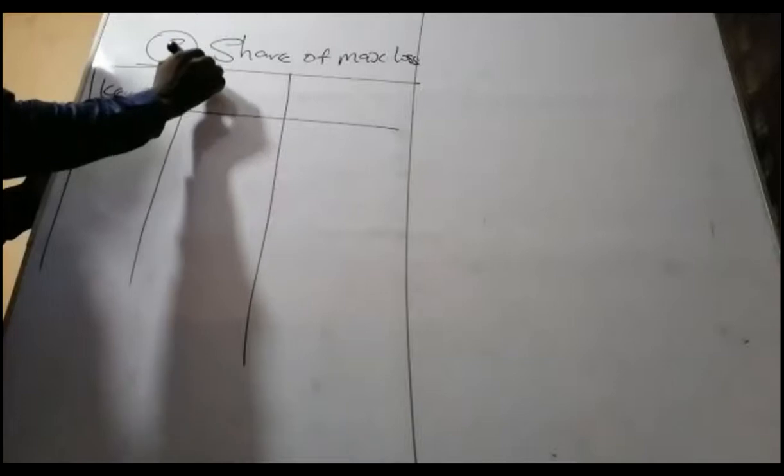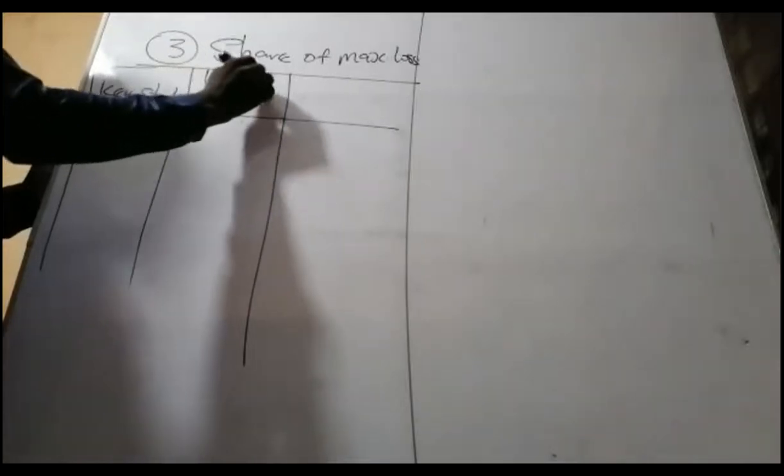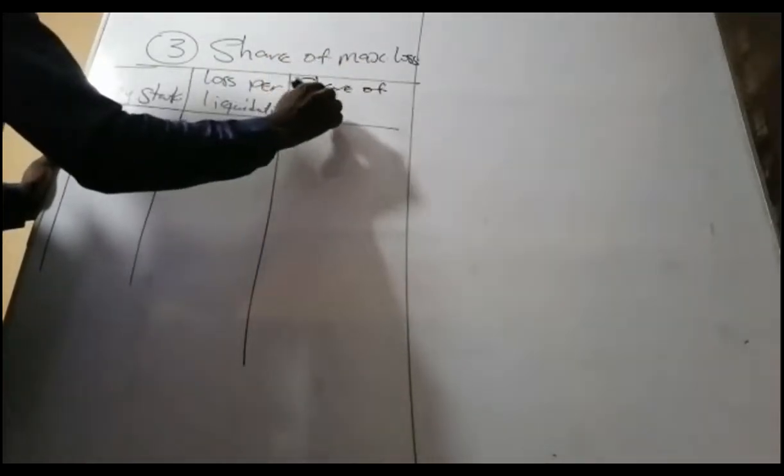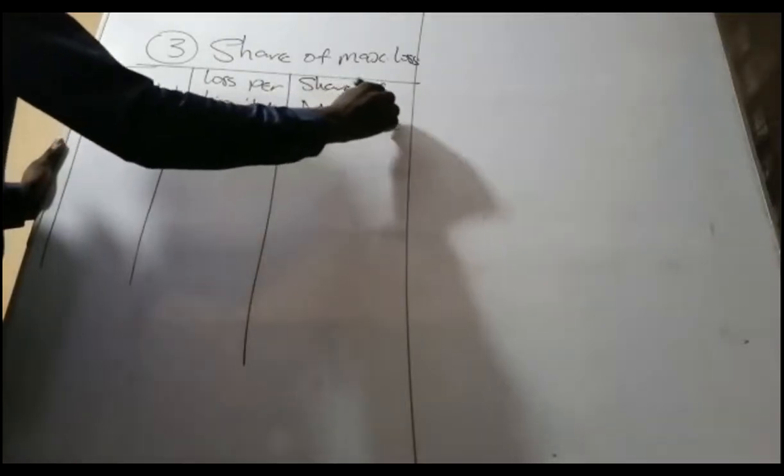Then you bring the loss per liquidation first, the position that we did, then the maximum loss or share of maximum loss.